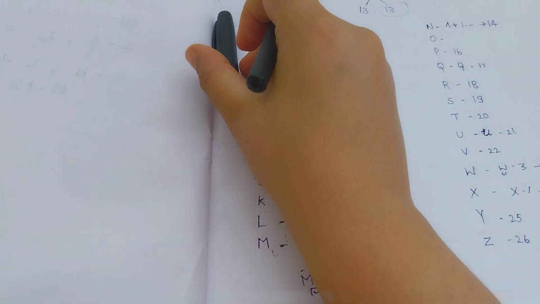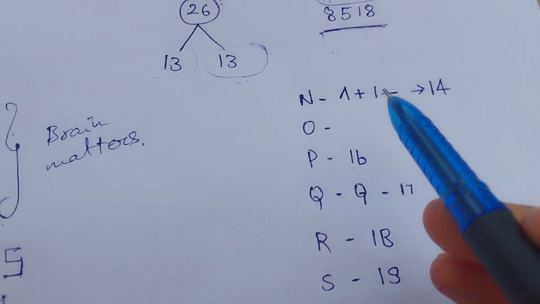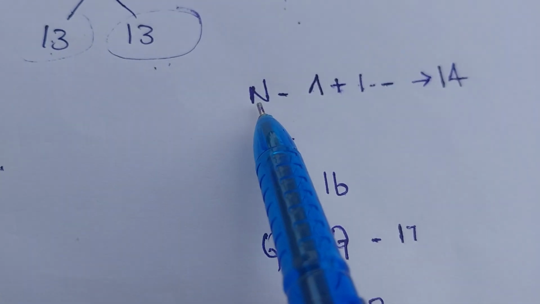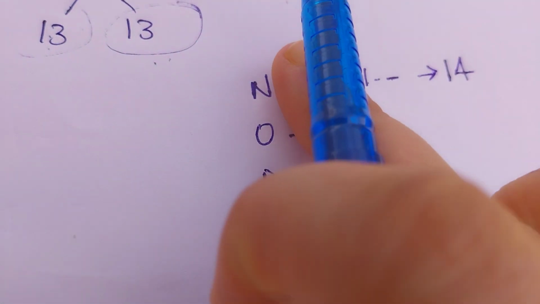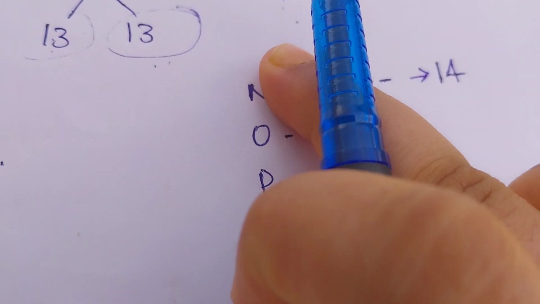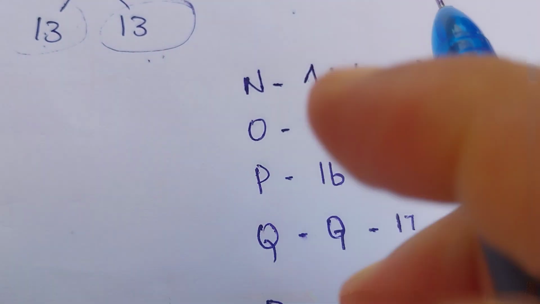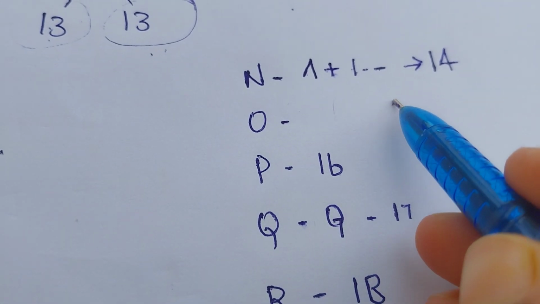Next, moving on to the second half of the alphabets. Look here, this is the N, right? I am taking just this part of the N. I have written it here. Next, this other part of the N, this line, we will use it.